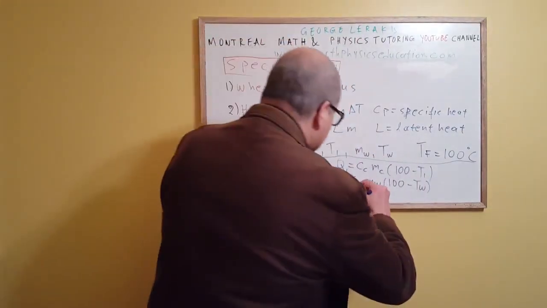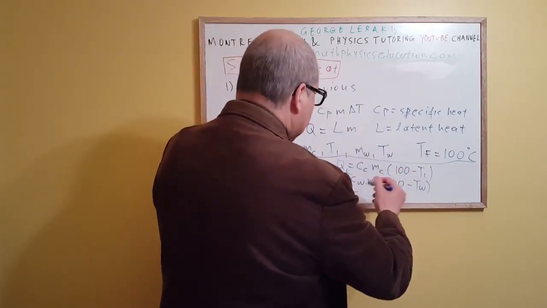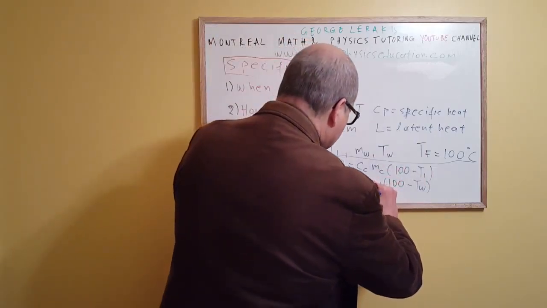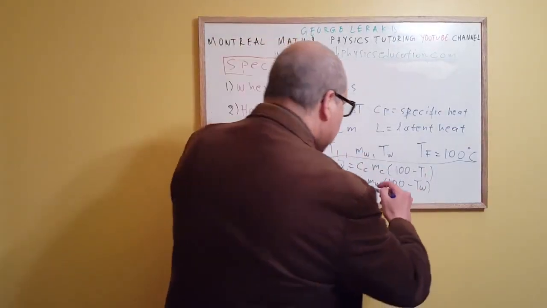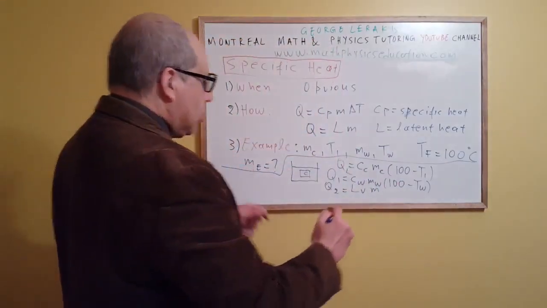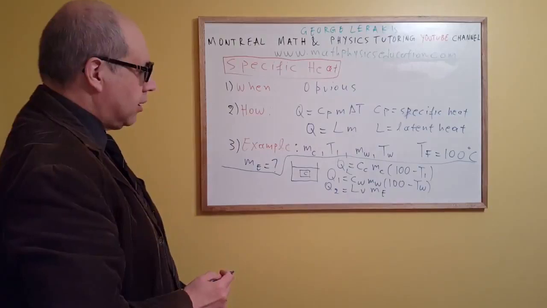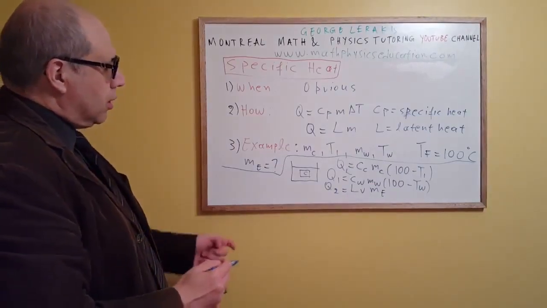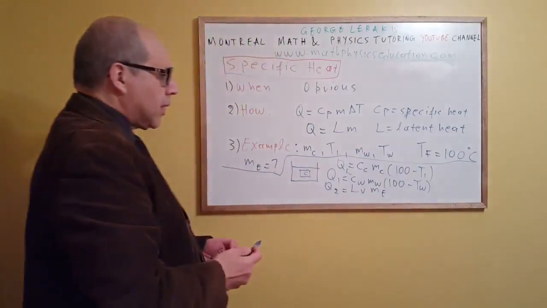So we have L, the latent heat of vaporization of water, times the mass of the water that will evaporate, which is what we're trying to find. And again, this is positive.